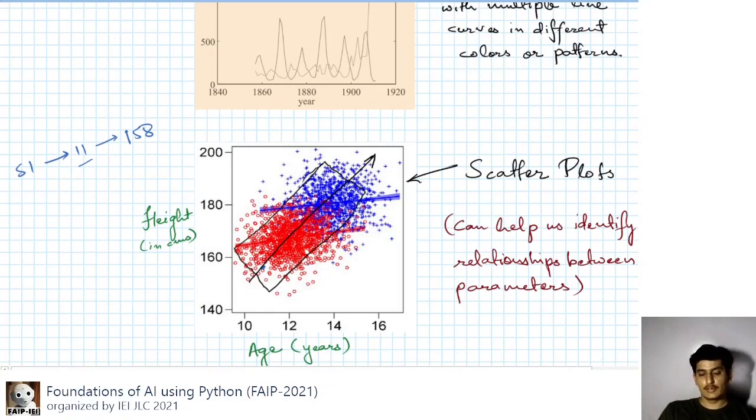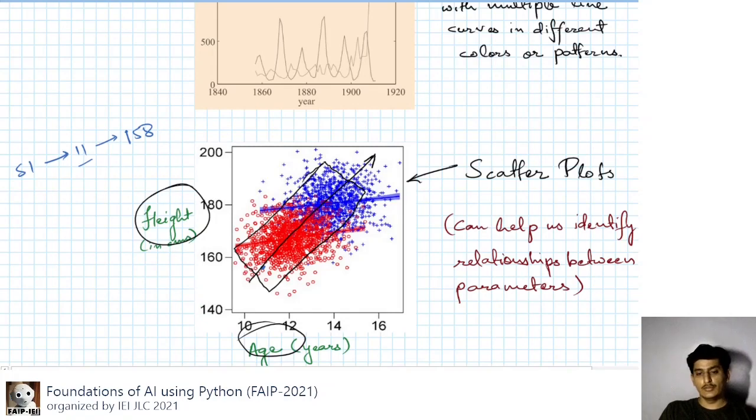What this denotes is that there is some relation between height of the students and age, so that with increasing age, the height also increases. Is that true? Now this is very obvious, that with age, height will increase.